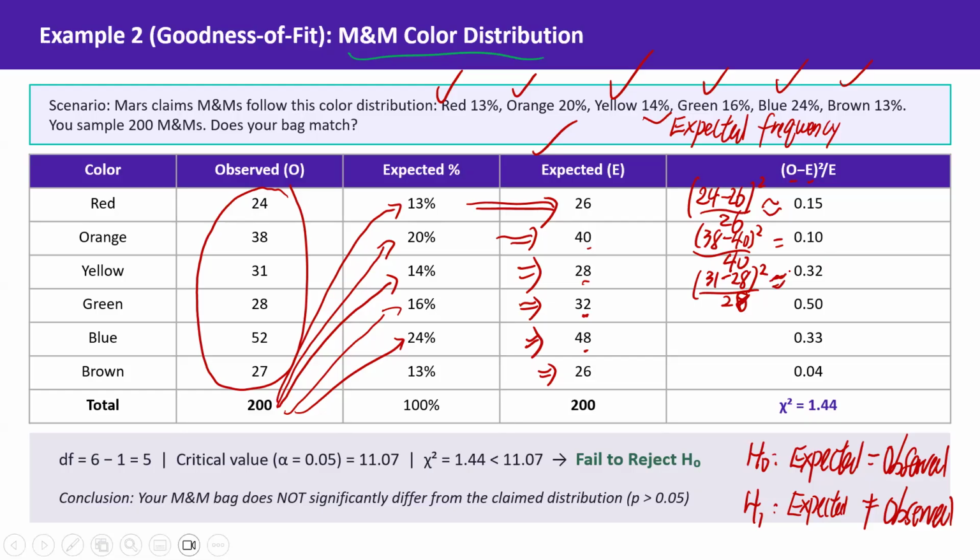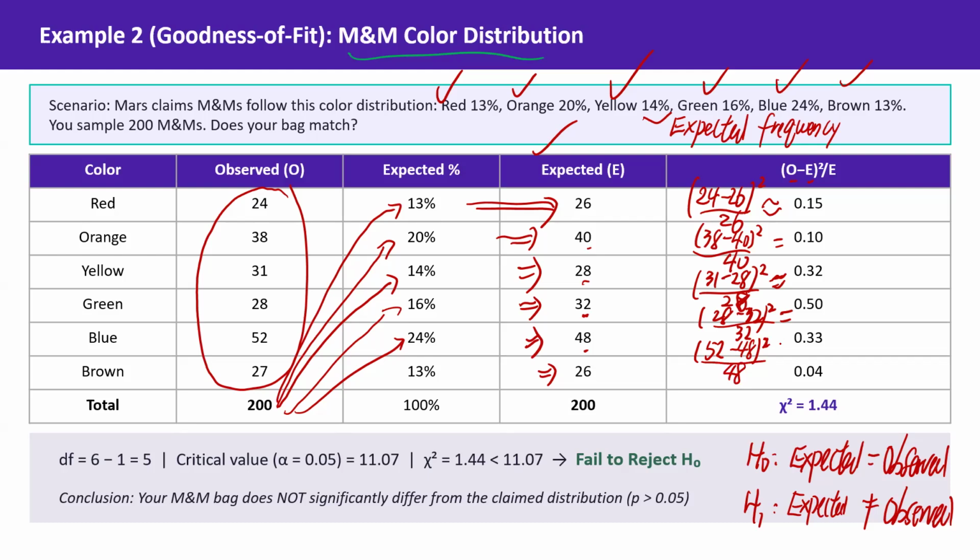And the next one will be 28 minus 32, square that, over 32. That's actually 4 squared, 16 over 32. That's exactly 0.5. Next will be 52 minus 48, square that. You get 16 over 48.